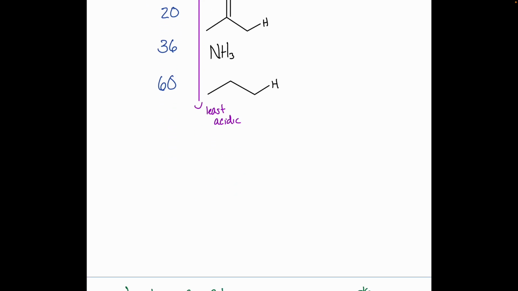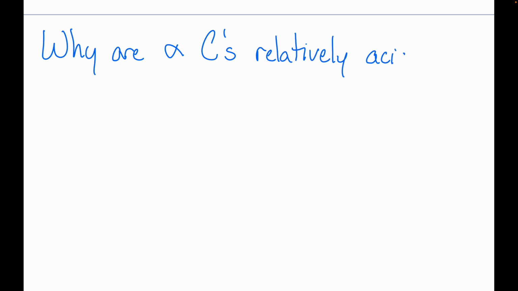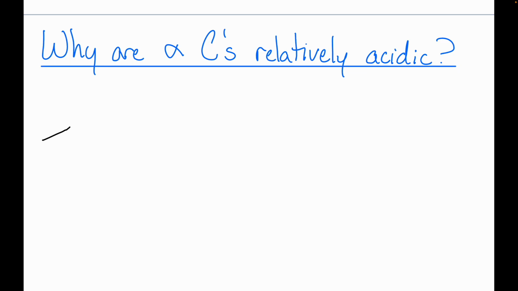All right, so then why? Why are those alpha carbons relatively acidic? Well, in order to do this, we're going to have to look at our conjugate base.